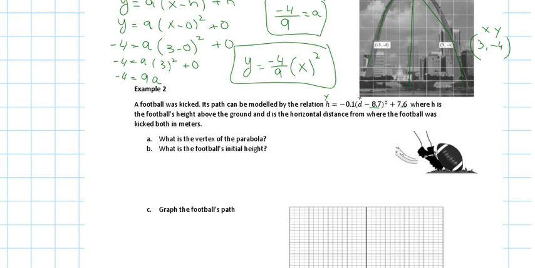If I change the letters, that doesn't mean I changed my equation. Okay? But instead of y, I'm using height. Instead of x, I'm using distance. Okay? So the vertex of the parabola is 8.7, 7.6.